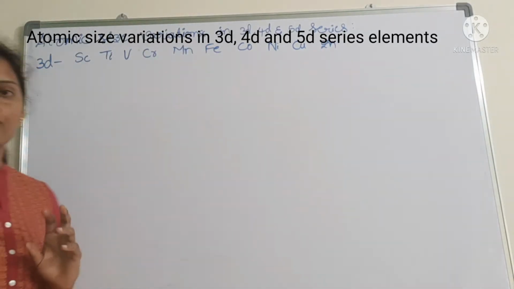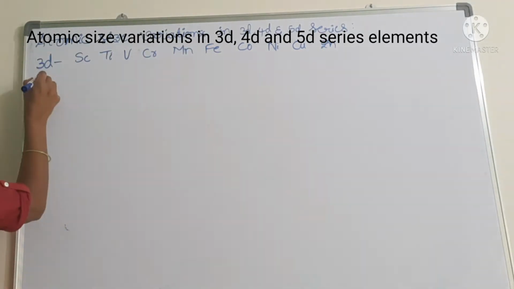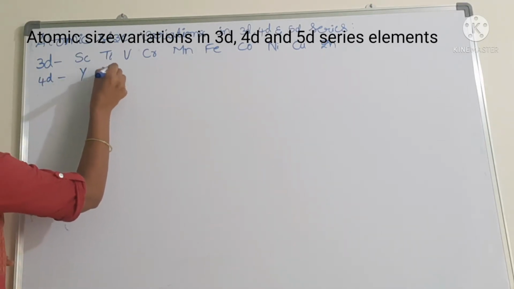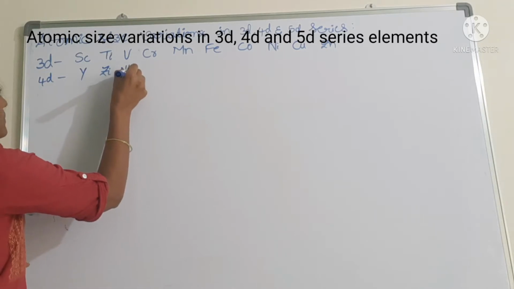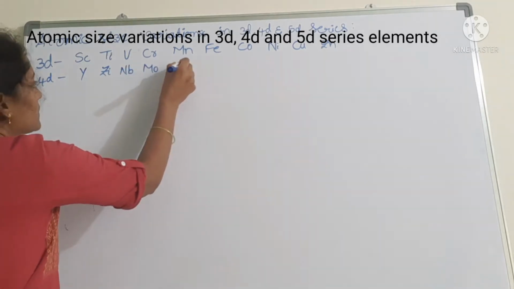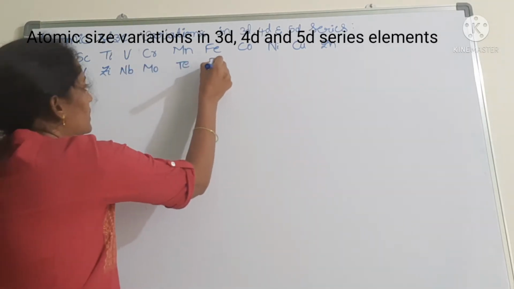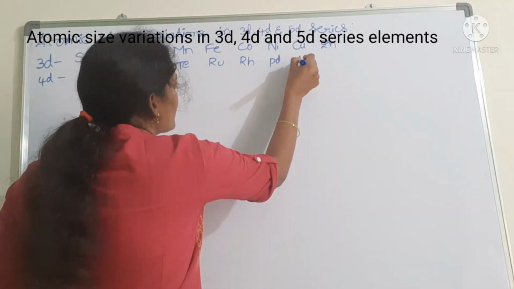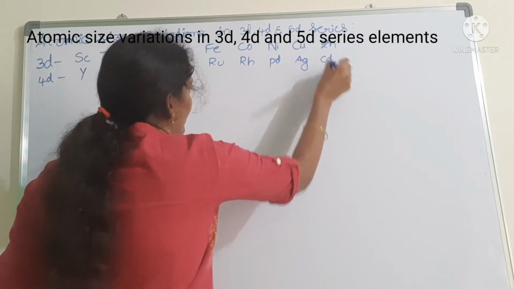Coming to 4D series elements: yttrium, zirconium, niobium, molybdenum, technetium, ruthenium, rhodium, palladium, silver and cadmium.